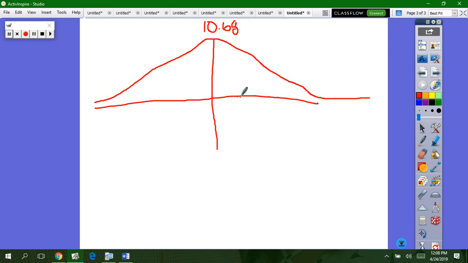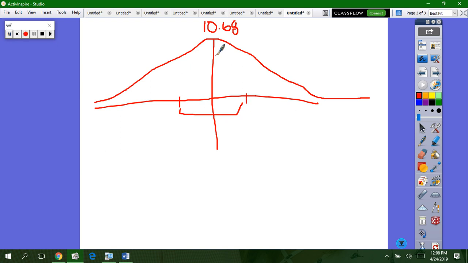From our mean, we go out one standard deviation in both directions. That is considered one standard deviation, going both sides. Even though it's adding and subtracting, that's considered one standard deviation. Does that make sense to everybody? Yes. So going both directions.